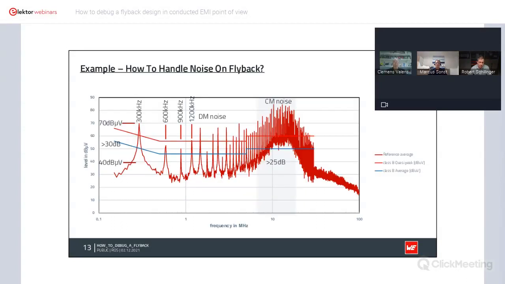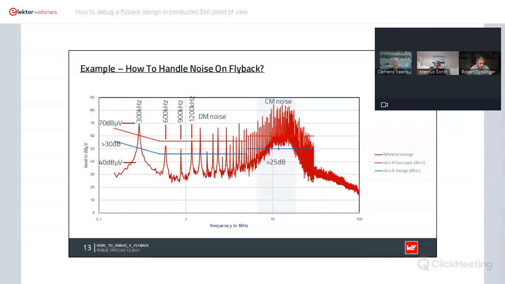Okay, as I said, this is the result of a simulation. The last slide I will show you is also a simulation, but it fits very well to a real measurement. That's a fact; you can see it in the second presentation.